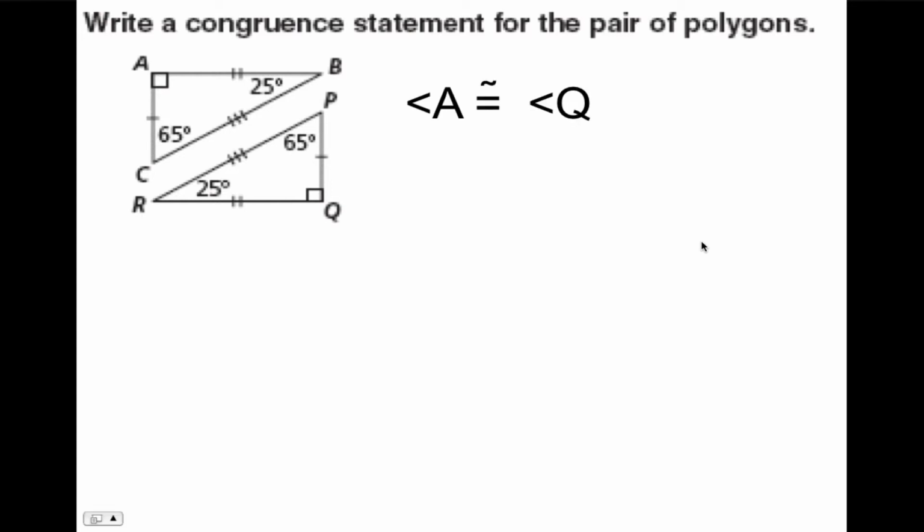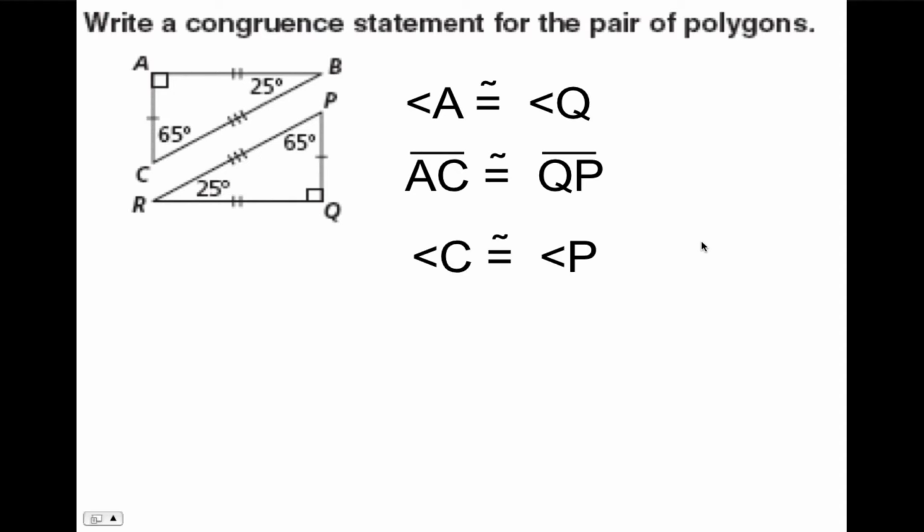So angle A corresponds to angle Q, and they both equal 90 degrees, so they're congruent. The side that we'll name, how about AC is congruent to QP? We can see they each have 1 tick mark. That indicates they're equal. And finally, angle C is congruent to angle P. They both measure 65 degrees.